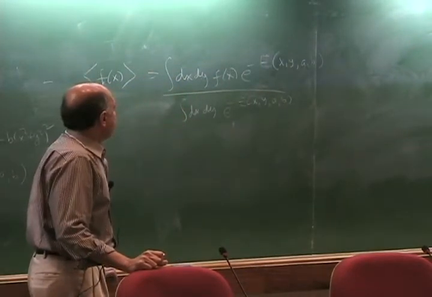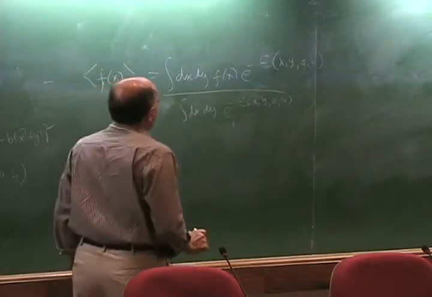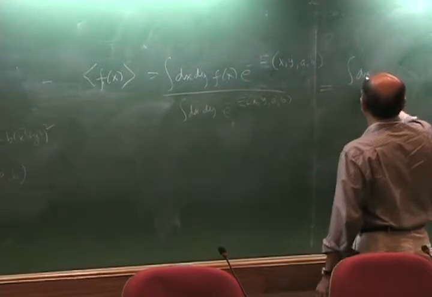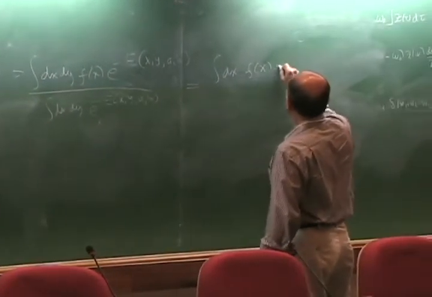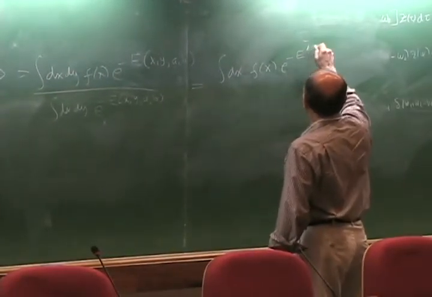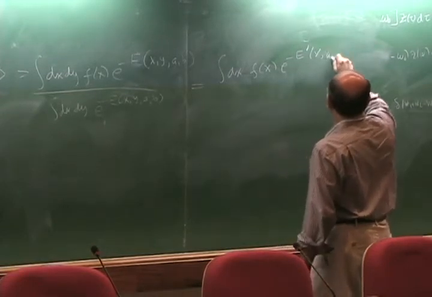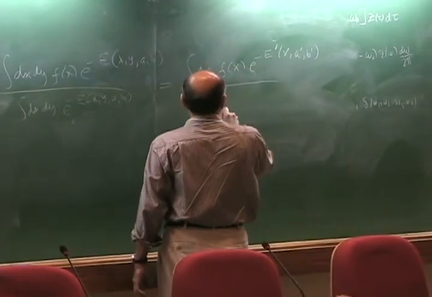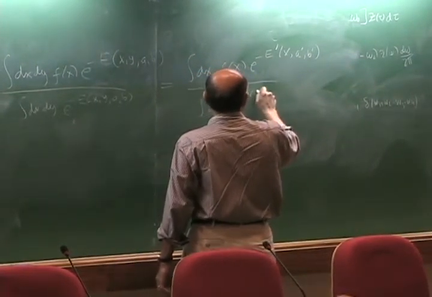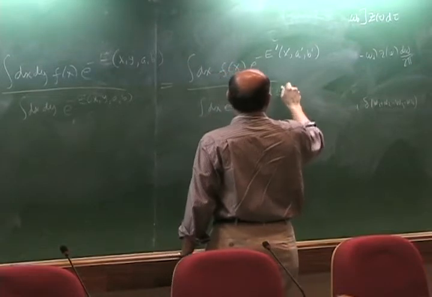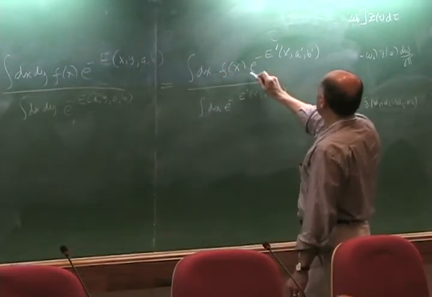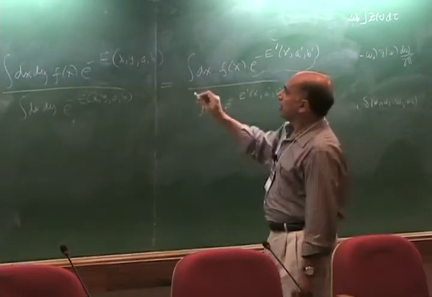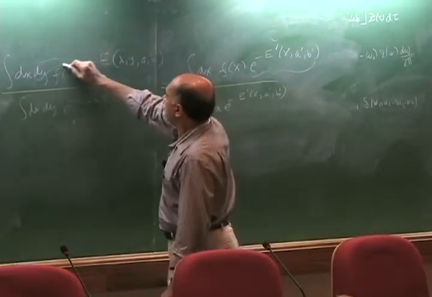Okay, now I say, let us do all the integrals involving y. Then I have dx f of x e to the minus E prime of x, a prime and b prime, divided by dx e to the minus E prime of x, a prime and b prime, where this fellow here, by definition, is this thing integrated over y.